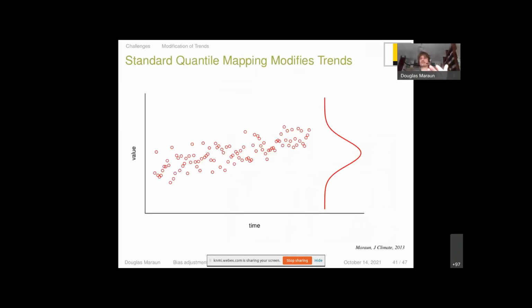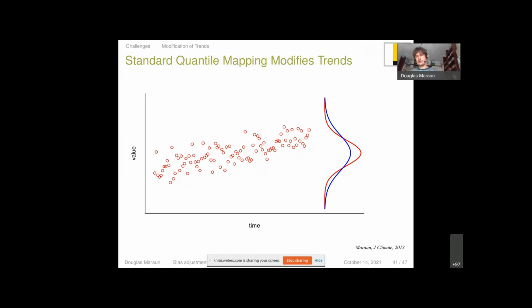And this brings me to the last major thing. Standard quantile mapping modifies trends, and that's easy to understand when we just look at this here. So let's say this is what the model simulates, and this is the distribution. And now you do an adjustment because your model doesn't simulate the extremes well. So let's say it simulates too low high temperatures and too high low temperatures.